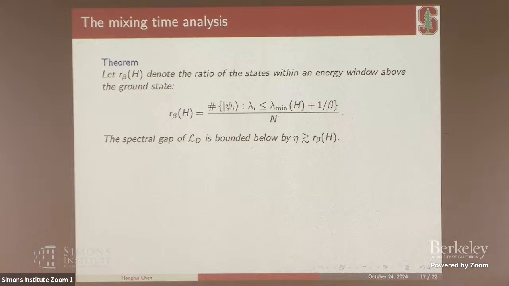This quantity tells us how many eigenstates there are in the energy window. There is still a 1 over N factor, but what we want is for the ratio to not be exponentially small. The spectral gap of the dynamic will be bounded below by this quantity R_beta. So if R_beta is not extremely small, our algorithm will give a fast convergence.